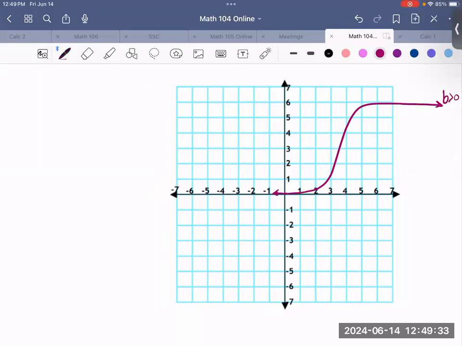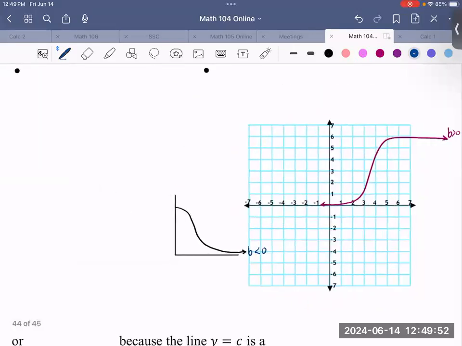We can also have another graph, and I'll show you here to the side when we're going to be decreasing. So again, it's going to go in the opposite trend, but this is when B is less than 0. So when B is negative. Now, one thing again, just ignore these values here.